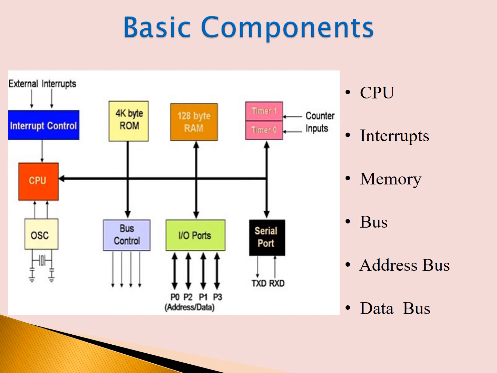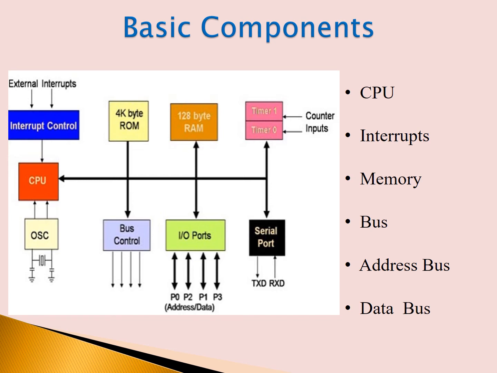The bus is a group of wires which is used as a communication channel and acts as a means of data transfer. The different bus configurations include 8, 16 or 32 bits of data. The bus can be divided into two units: one is the address bus, another one is the data bus.